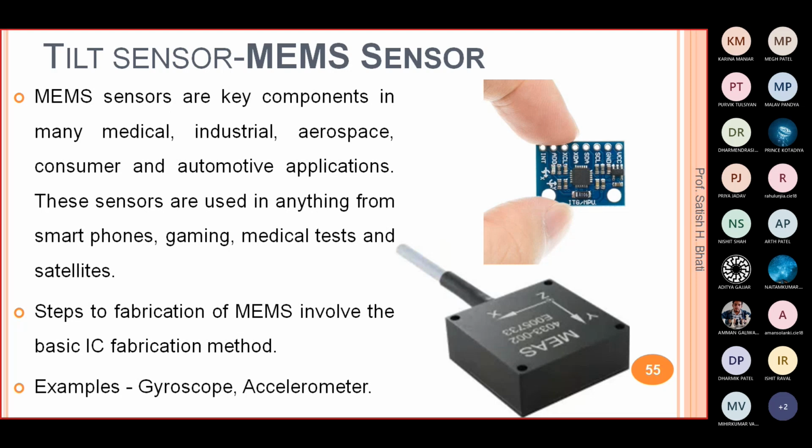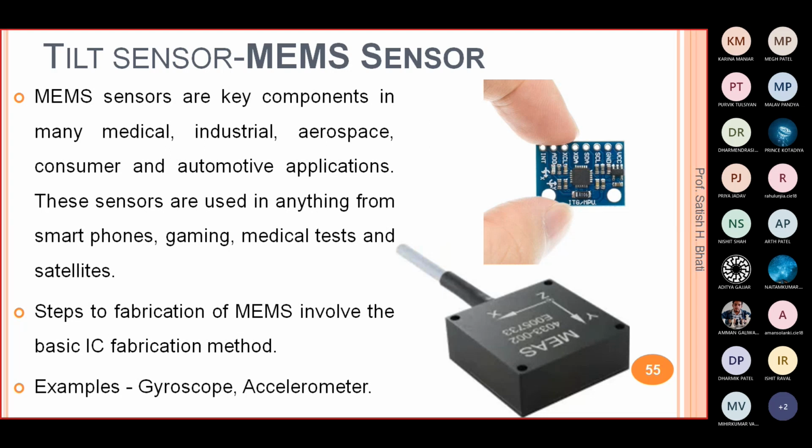This MEMS type of sensor is used in medical, industrial, aerospace and automotive applications. The tilt sensor in your phone is also this MEMS type. These sensors are used in smartphones, games, some medical tests, and also in satellites.